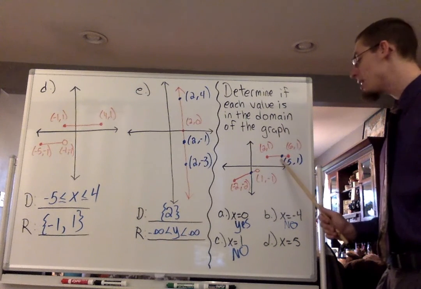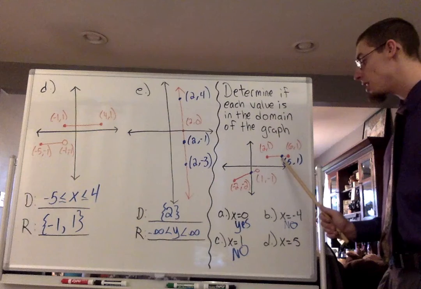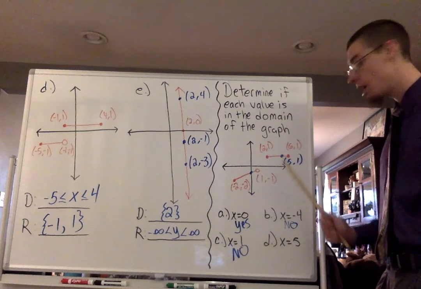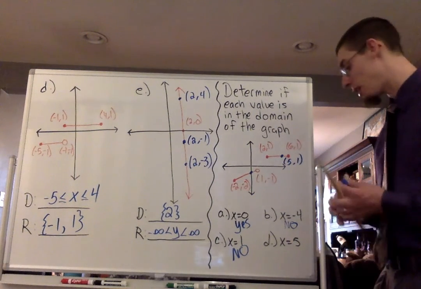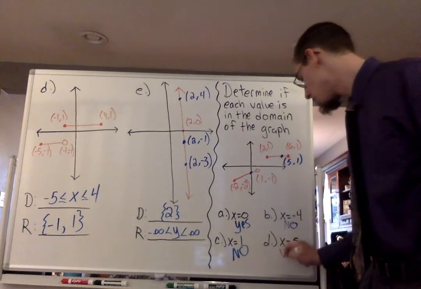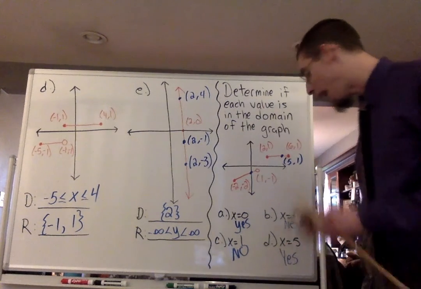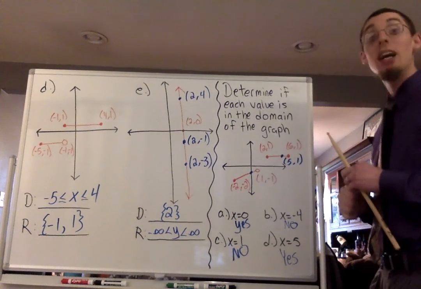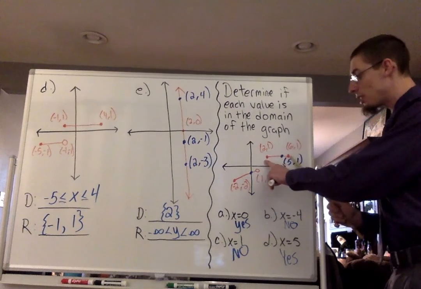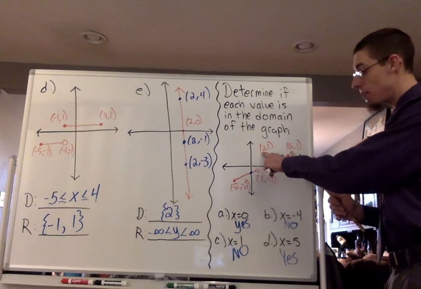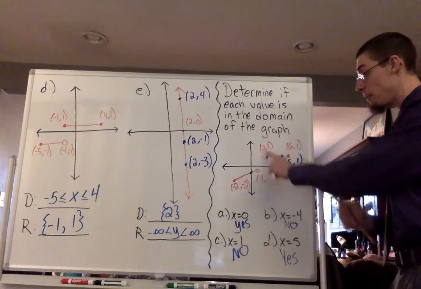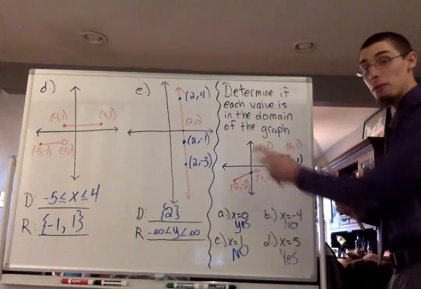What I care about is the fact that this point here is (5, 1). Therefore, 5 is in the domain. Again, wouldn't this part be everything from 2 to 6? And isn't the number 5 in between 2 and 6?